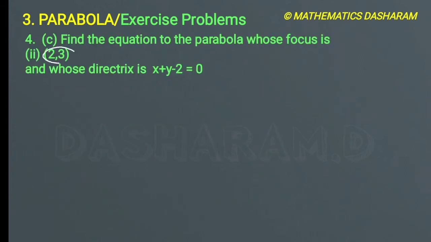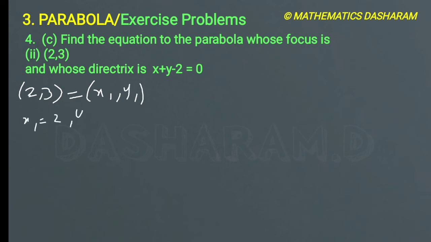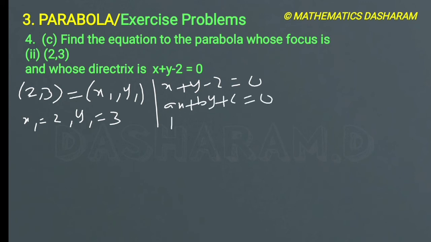The second one: (2, 3) is the focus and the directrix is the same, no changes. So here (2, 3) compare with the point (x1, y1). Then x1 is 2, y1 is 3, and the given line is x + y - 2 = 0. Compare with ax + by + c = 0. Then a value is 1, b value is 1, and c value is -2.